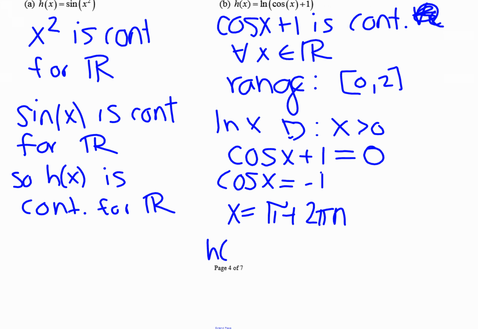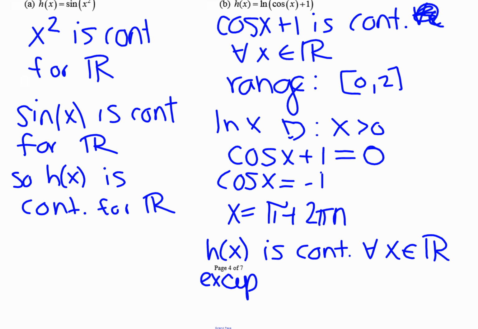So that implies that h of x is continuous for all real numbers except when x equals pi, or any odd multiple of pi, where n is an integer.